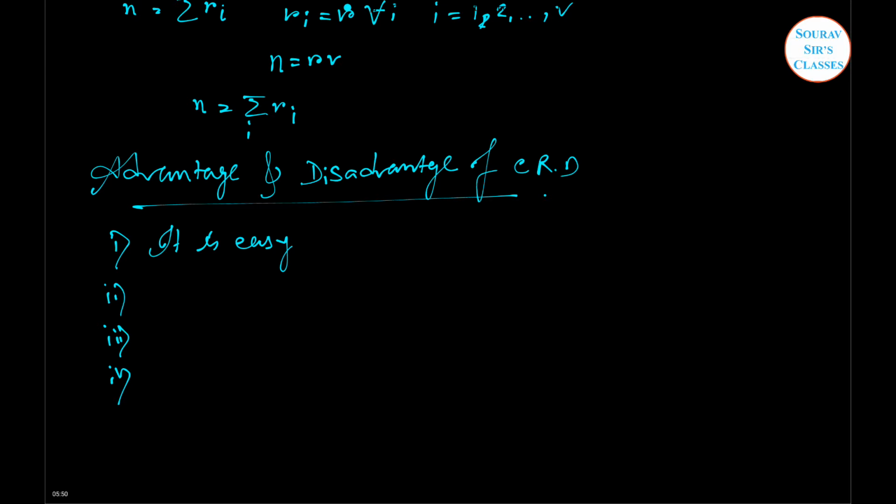Now we are talking about the disadvantages. In certain circumstances, the design suffers from the disadvantage of being inherently less informative than the other more sophisticated layouts. This usually happens if the experimental material is not homogeneous.